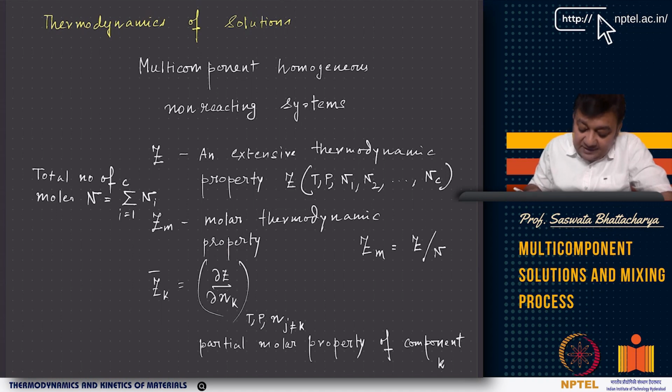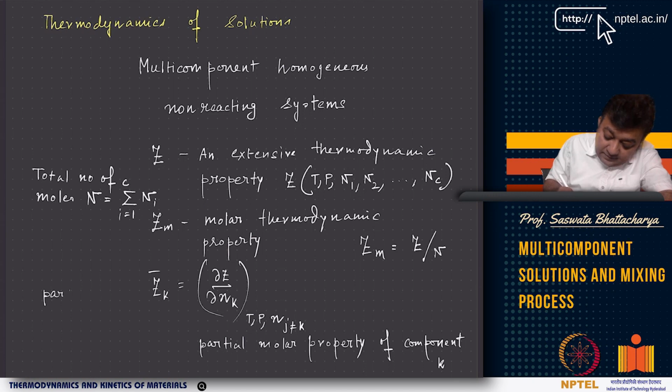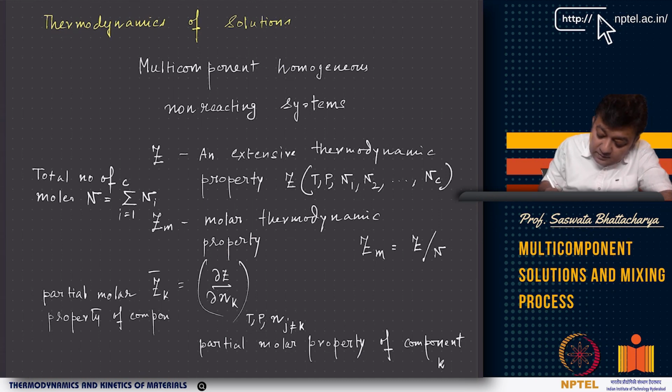So del Z del Nk means I want to look at the change in the extensive property Z if I add or remove some amount of component K. So I am looking at Zk bar, the partial molar property of component K in the solution.